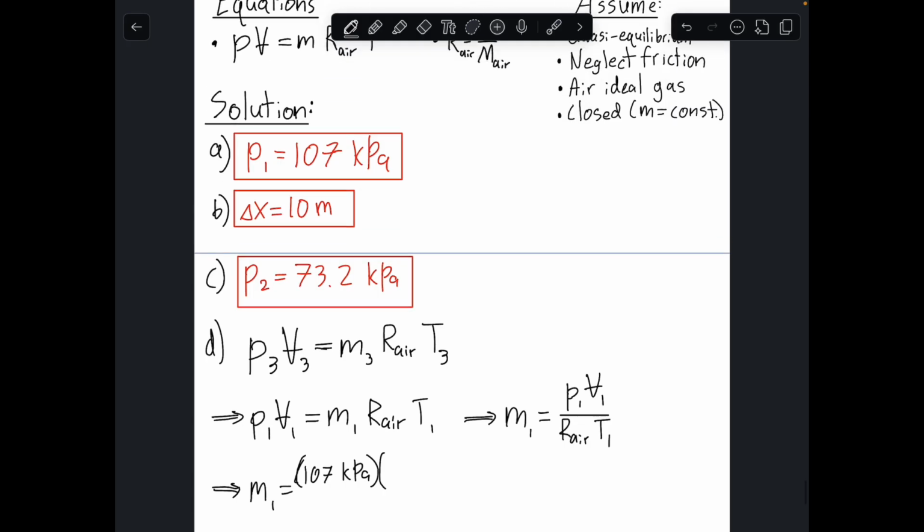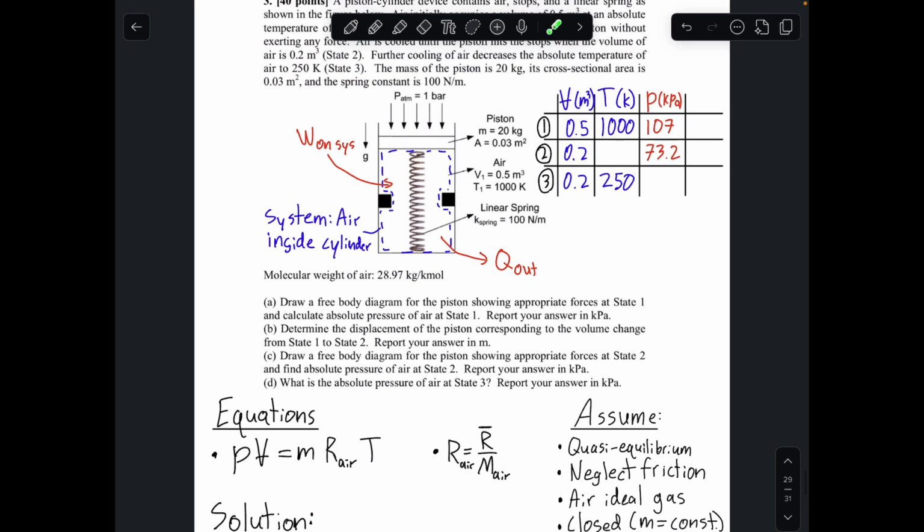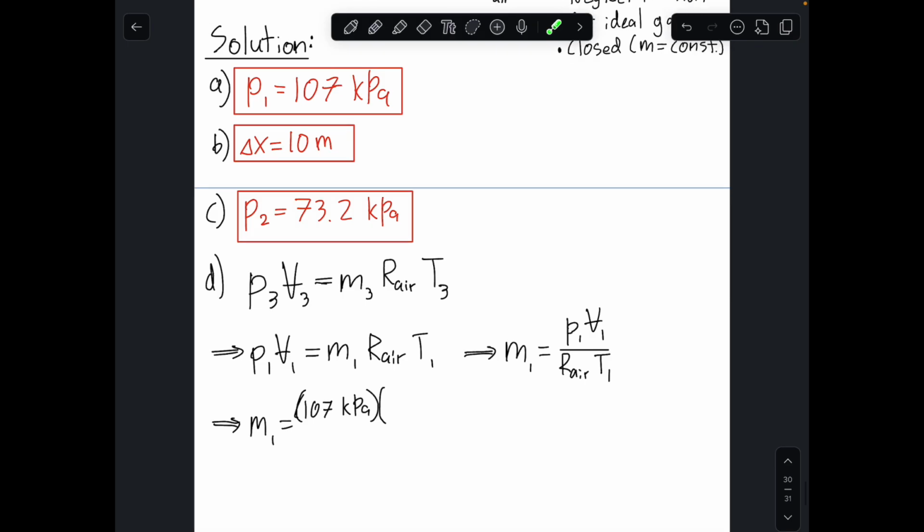And times V1, which is 0.5 cubic meters, all divided by R of air, if you remember, is 0.287 kilojoules per kilogram Kelvin.